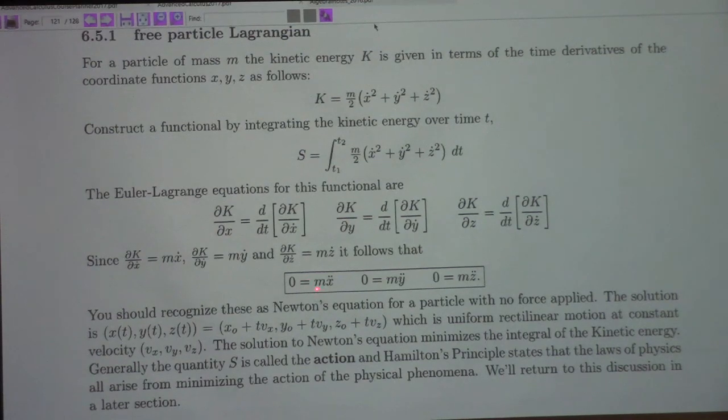Check it out. 0 is m x double dot, 0 is m y double dot, 0 is m z double dot. So if you've got a particle with no force applied, its equation of motion is that mass times acceleration is 0. This is how the Euler Lagrange equations reproduce these things. And so that straight line motion is the path which minimizes energy.